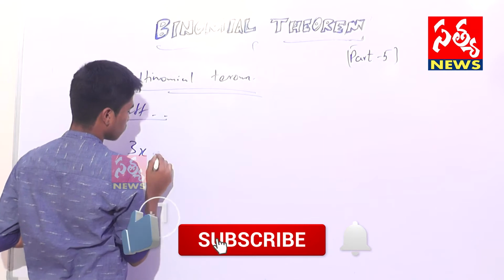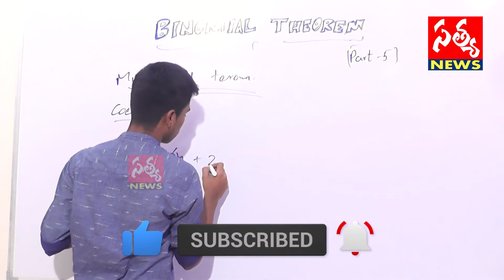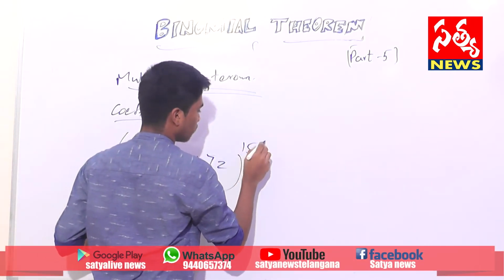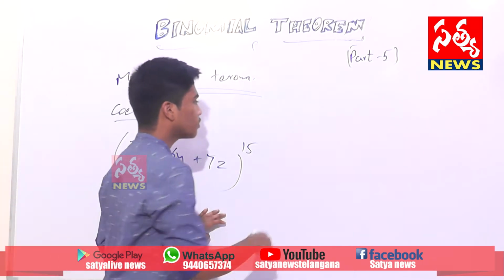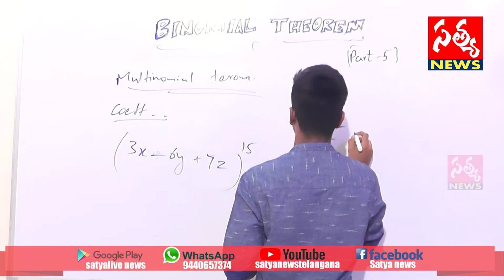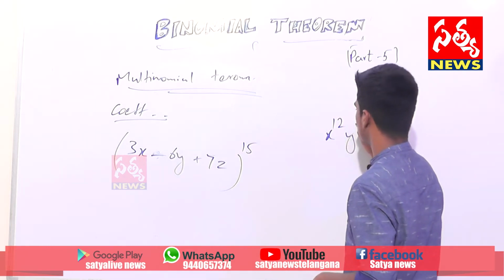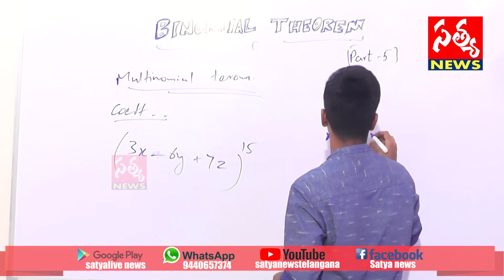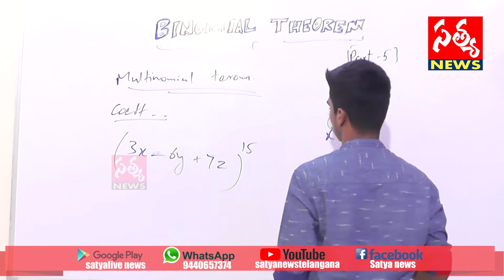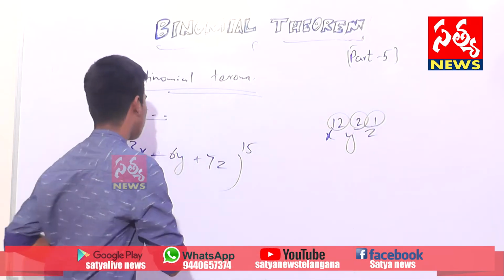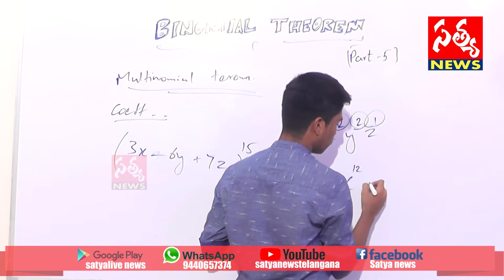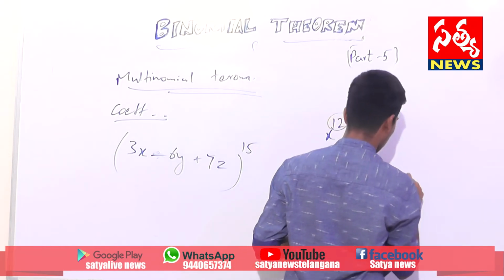If 3x minus 6y plus 7z whole power 15, and they ask to find the coefficient of x power 12, y power 3, z power 9.